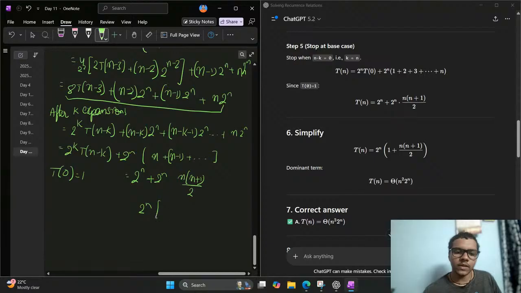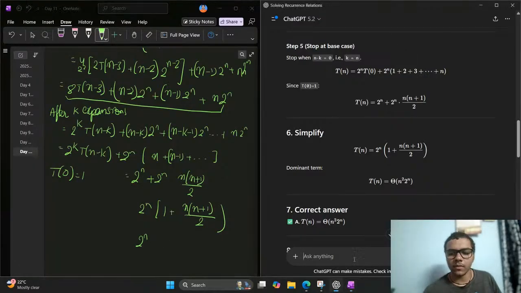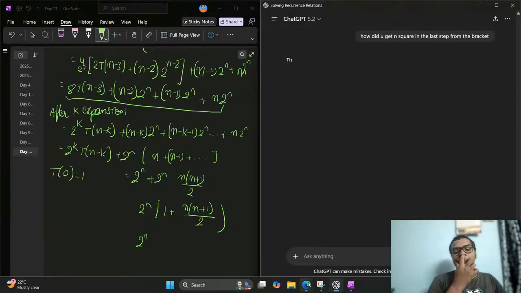So take 2 power n common: 1 plus n(n plus 1)/2. N square. How did you get n square? So that's why you need to know series.